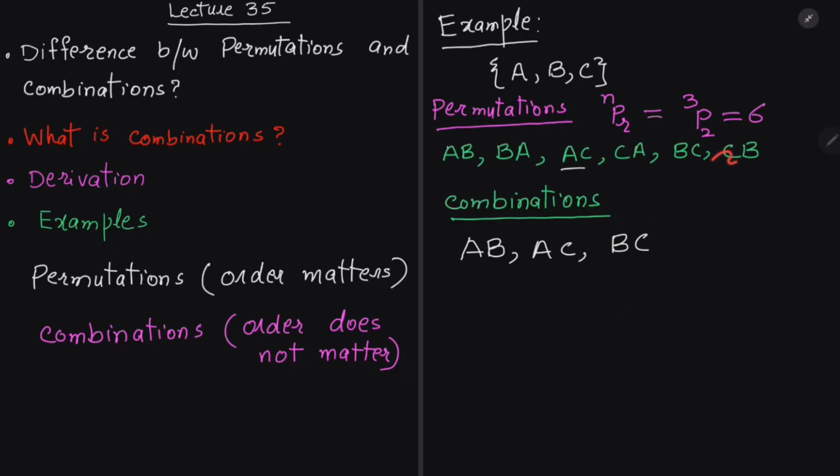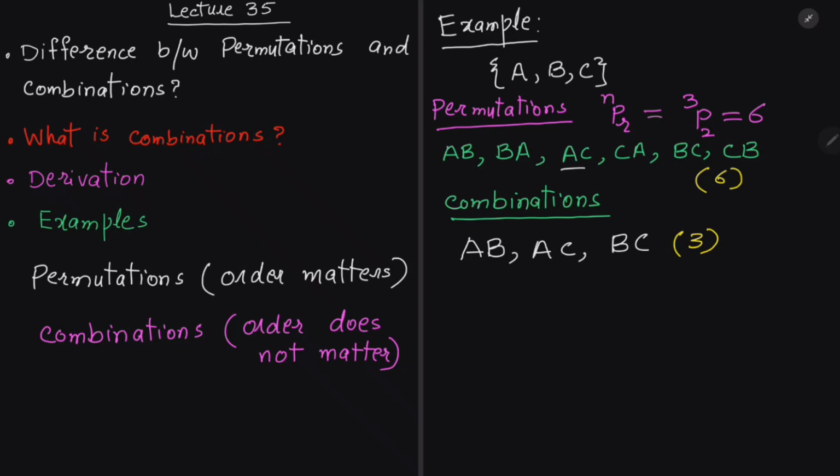So you can see that in permutations we have 6 elements, and in combinations we have three objects. We will talk about the formula for combination, but let me first go straight into it.